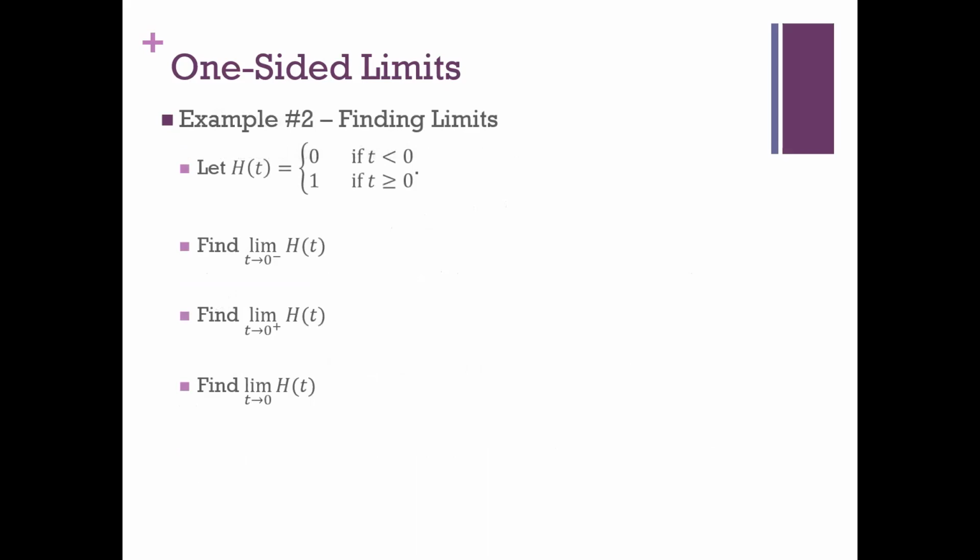All right, so let's go back to this Heaviside function. I don't think I wrote out that name on the last one. Heaviside. So now that we have talked about this idea, we can be a little more explicit about the limits on this guy.